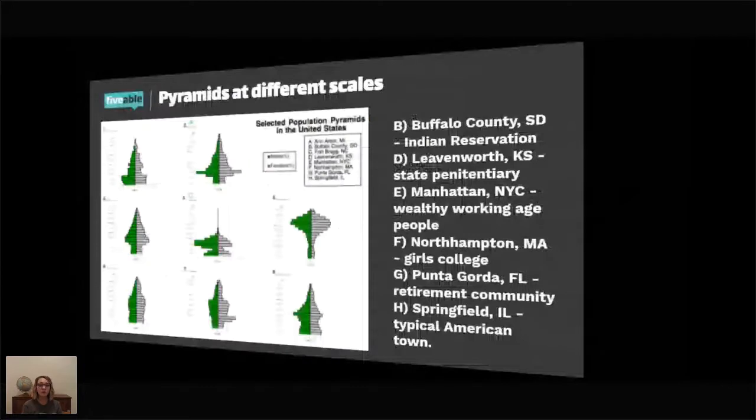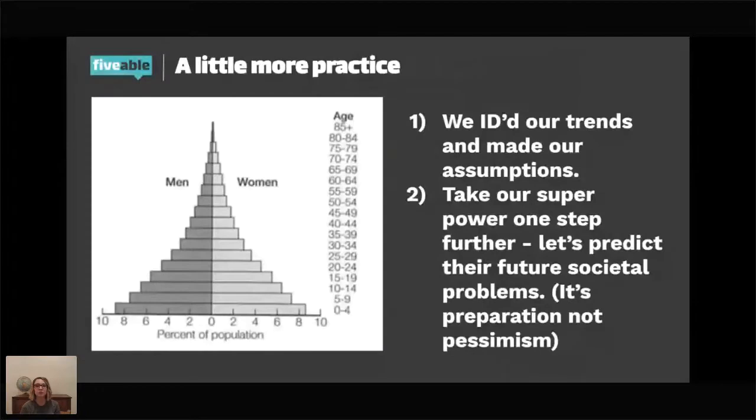So now we're going to take our superpower that we didn't realize that we had, where we are population pyramid super geniuses, mystery solvers, and we are going to take it one step further. Not only can we read a pyramid at this point, not only can we identify trends in the pyramid, we can use those trends and the assumptions that we made about that country or city or location reflected in the pyramid, and we can start to predict future problems that that society could have.